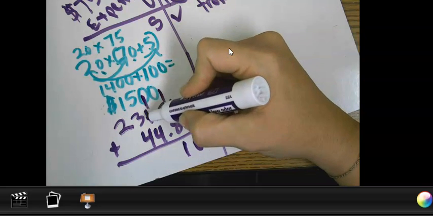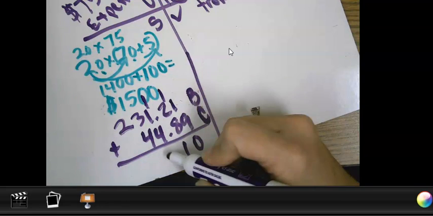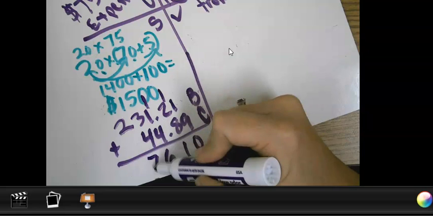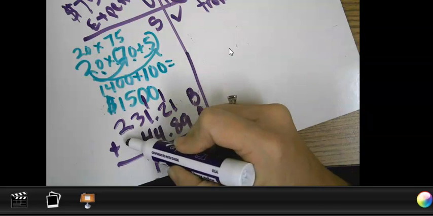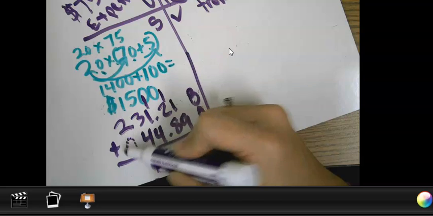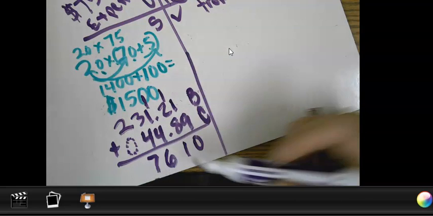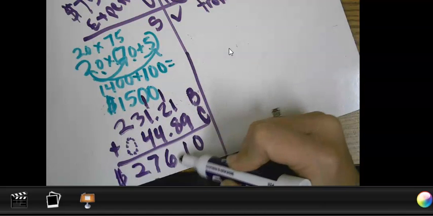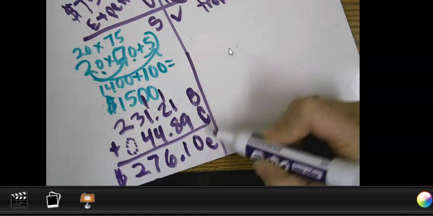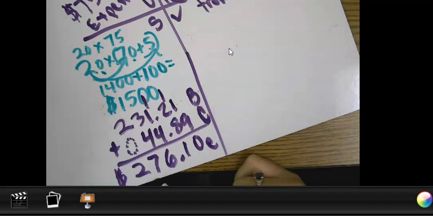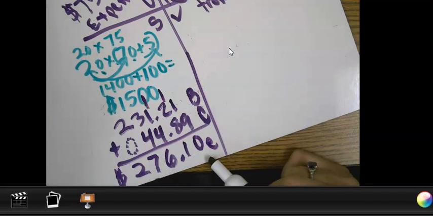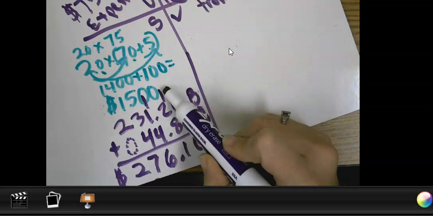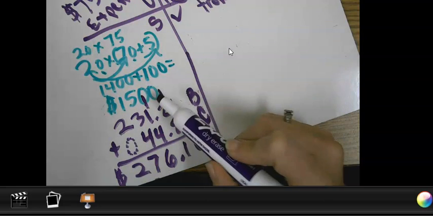All right, 1 plus 1 is 2, and 2 plus 4 is 6. 3 plus 4 is 7, and then we'll just remember this is an invisible 0 there. 2 plus 0 is 2. Okay, so her expenses were $276.10.